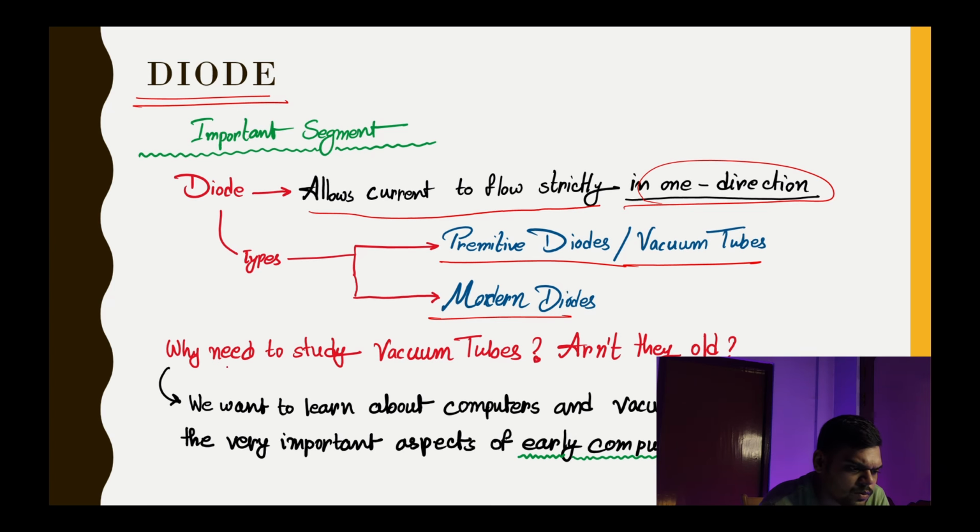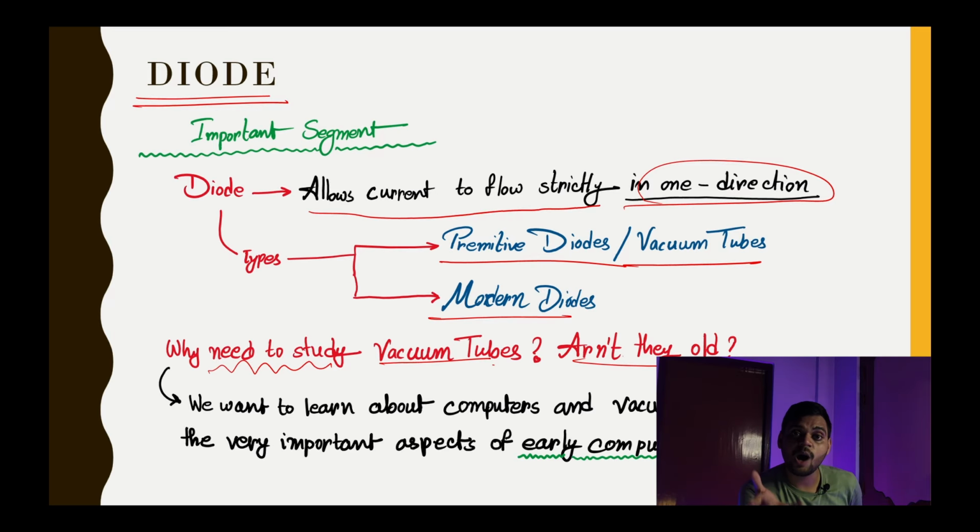So why do we need to study vacuum tubes? Aren't they old? Obviously, they are old. They are rarely used in recent, modern techs. So why are we even bothered about this? Let's see. We have early computers.